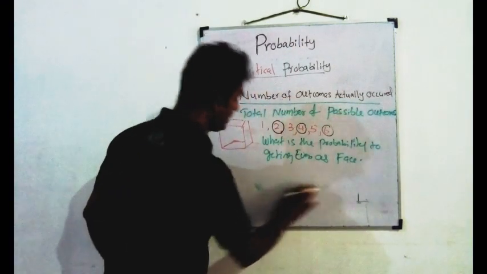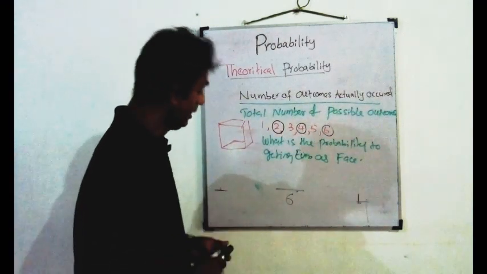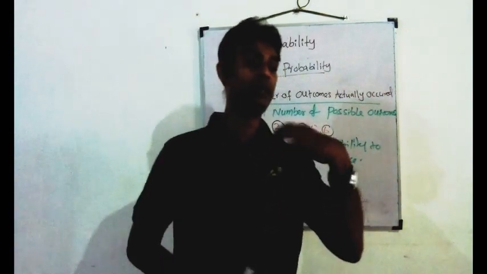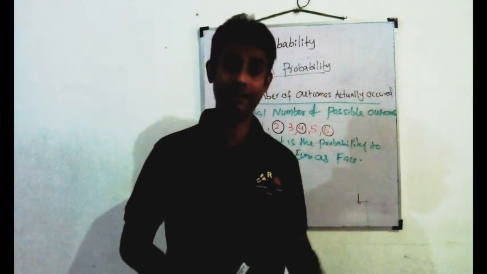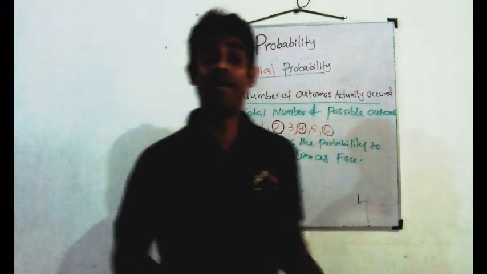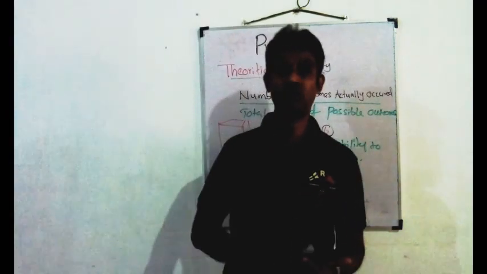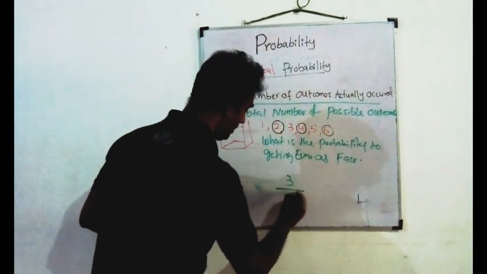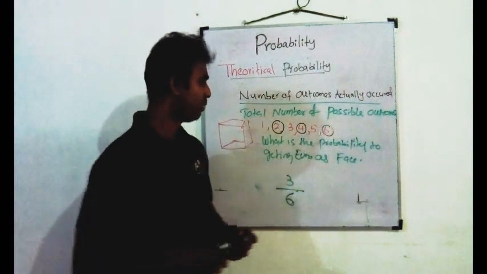Total outcome is 6. How many actual outcomes? When it is thrown, 2 can fall, 4 can fall, or 6 can fall. So how many actual outcomes? 3. So the probability is 3 upon 6.